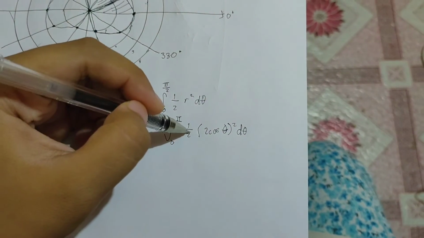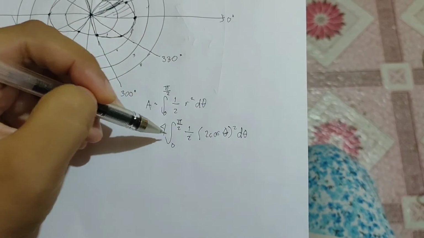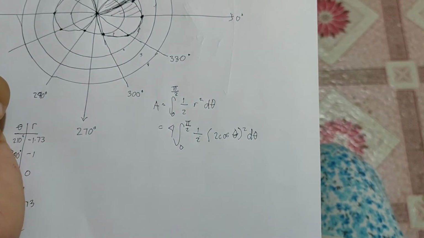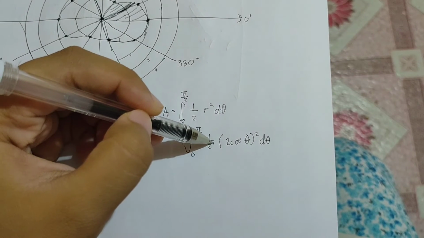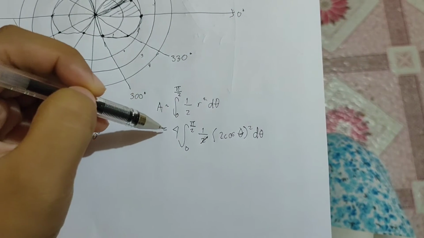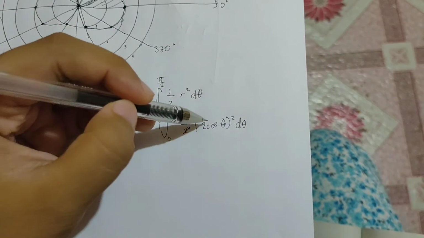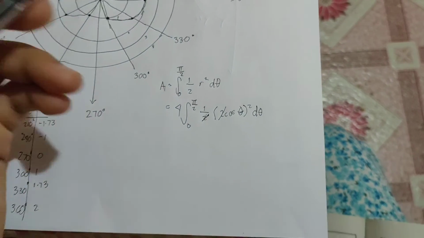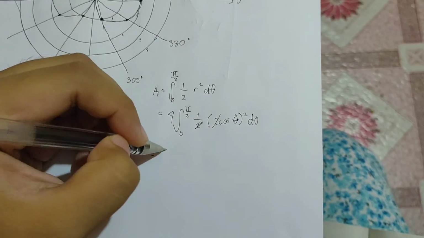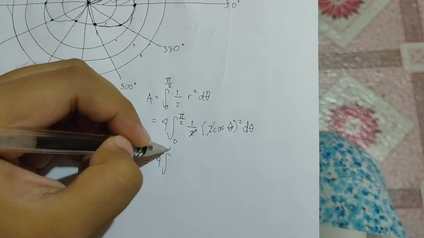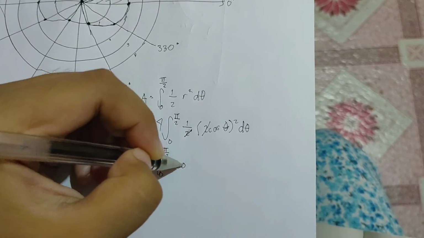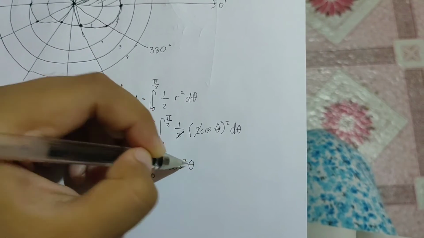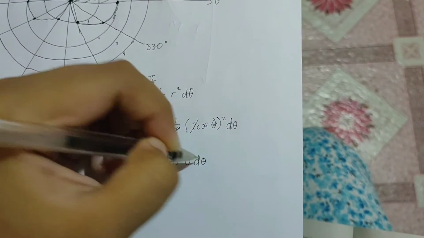We will cancel this. We will cancel this, and this too. We will cancel out the 2. For the integral of beta all over 2, 0, cos squared beta d beta.